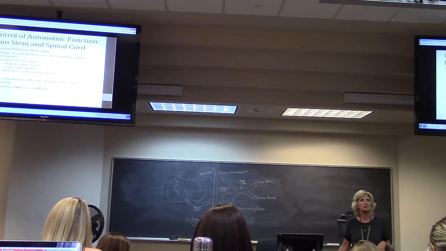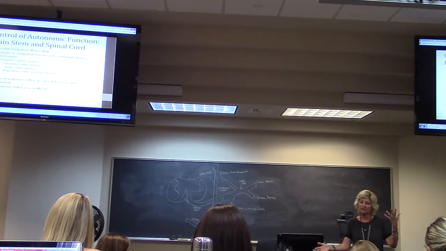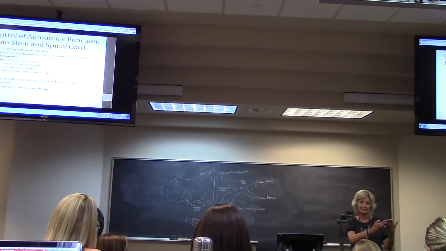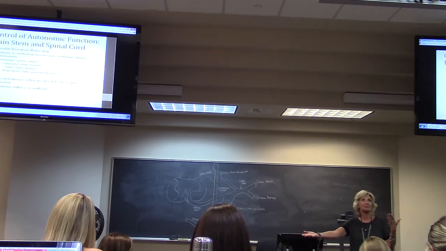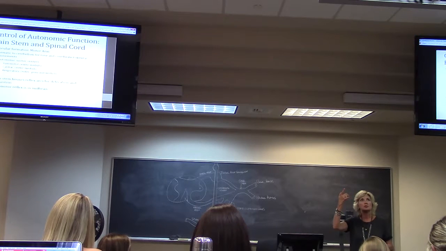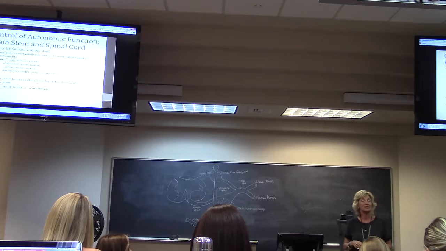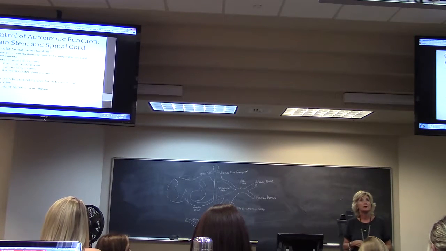The other arm is the motor arm. The sensory system is informing the brain, and then the brain is sending information out via motor. So motor to autonomic motor centers or to skeletal centers, because you have a lot of involuntary skeletal control as well.